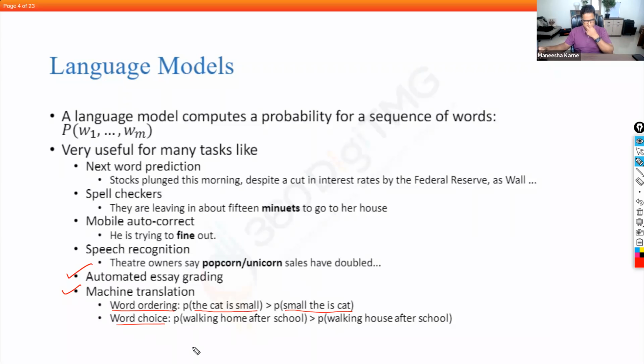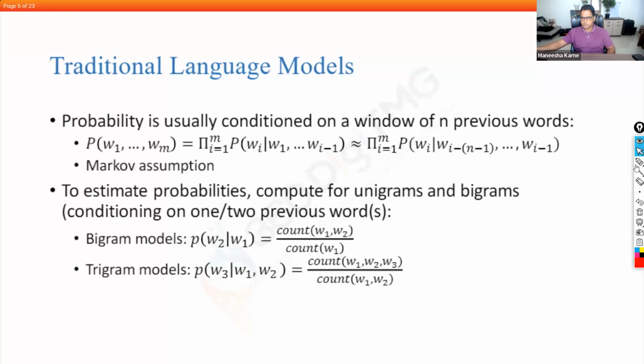Usage of proper words. I'm walking home after school. Walking home after school would obviously have a higher probability in comparison to walking house after school. So these are a few use cases which are solved using your language models.